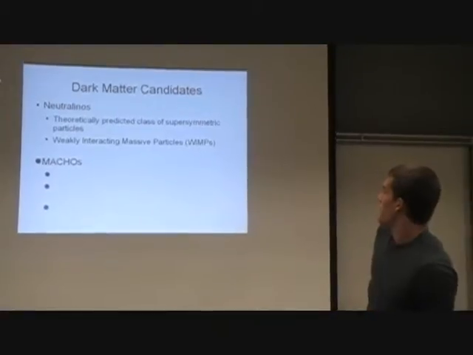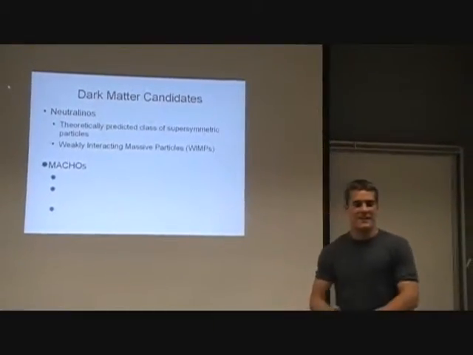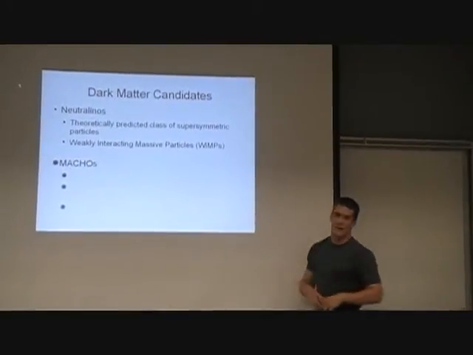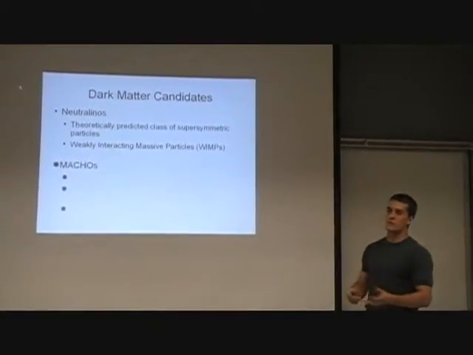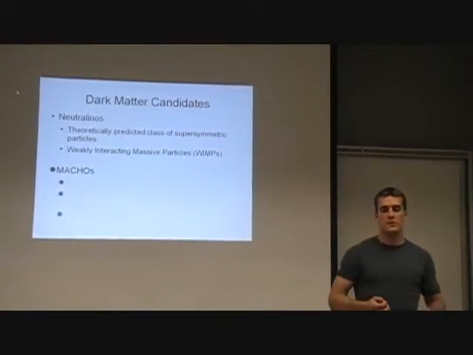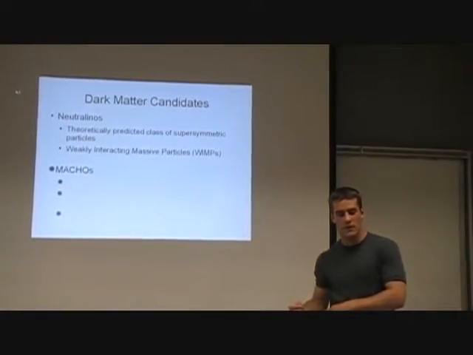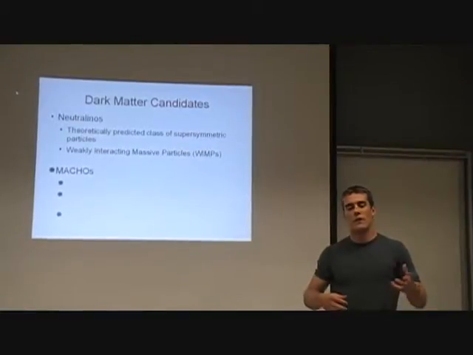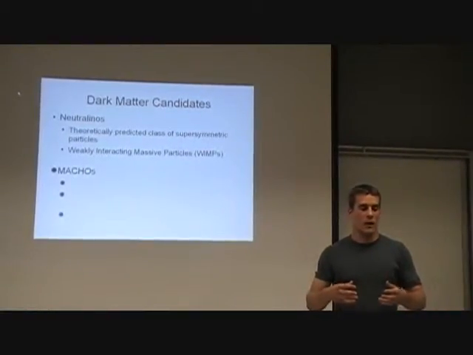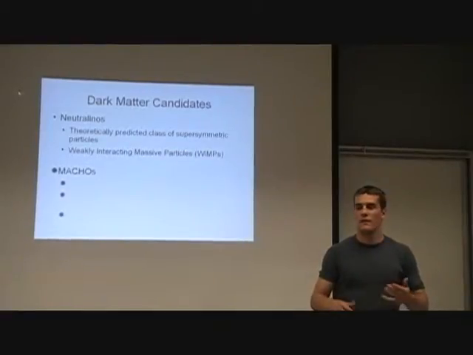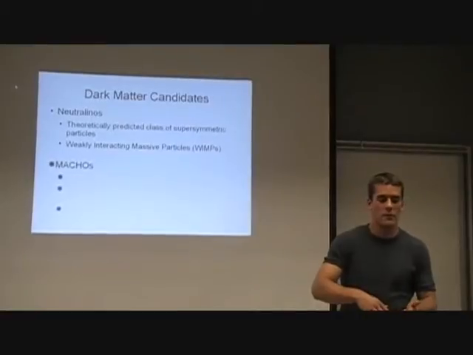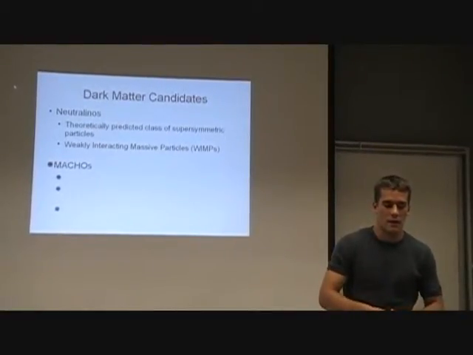Okay, so now the dark matter candidates. The number one proposed explanation for dark matter is neutralinos. Neutralinos are a theoretically predicted class of supersymmetric particles. Basically, theorists have come up with something that we think would not interact with light but would have a lot of mass, which would explain dark matter.